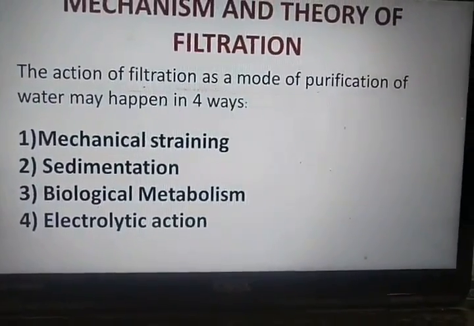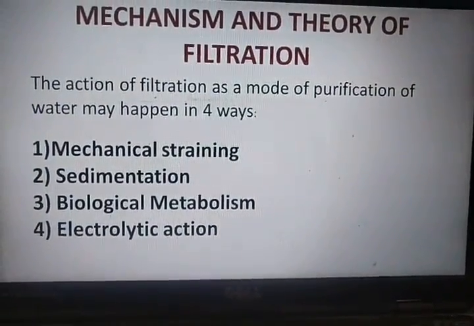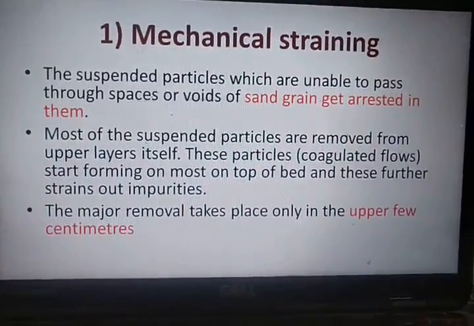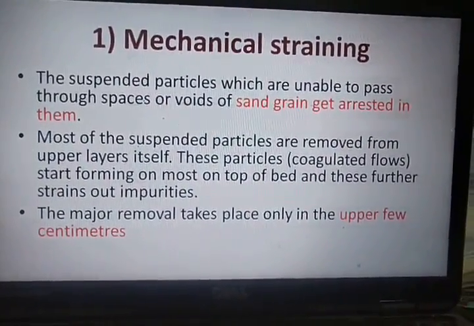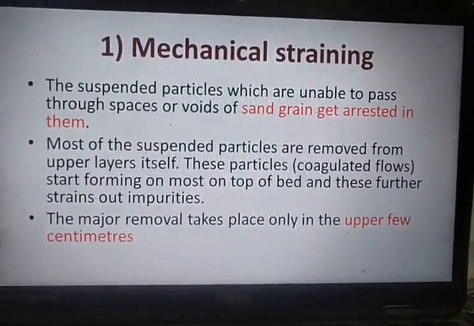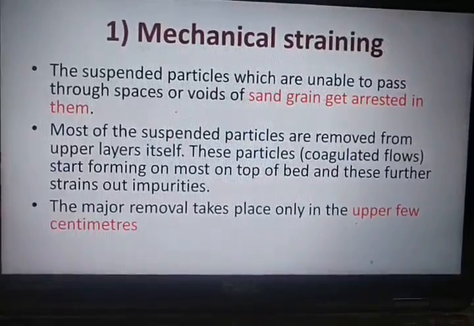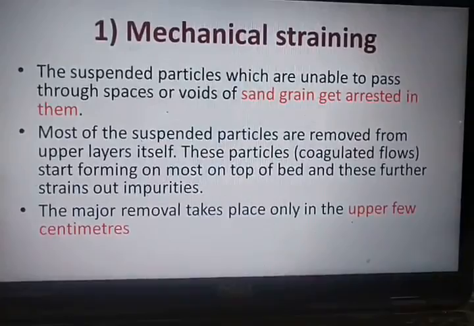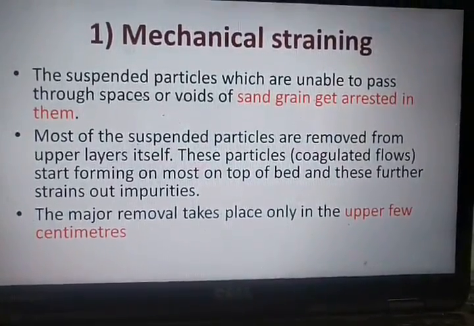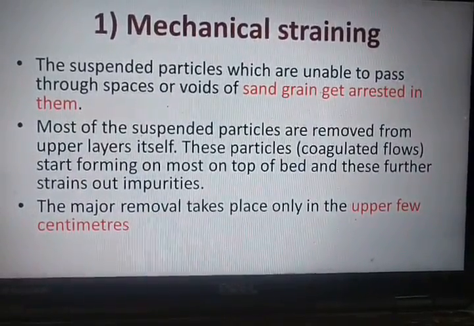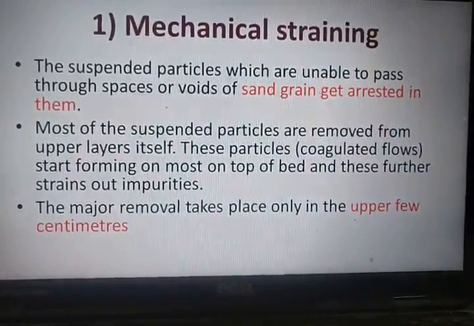What is the mechanism through which filtration takes place in the treatment of water? The first one is mechanical straining. Straining is the filtration of water through a straining mechanism. It is similar to the process of making tea.